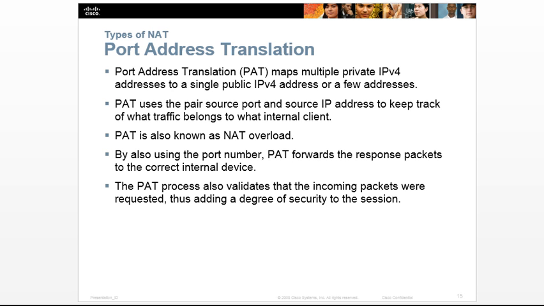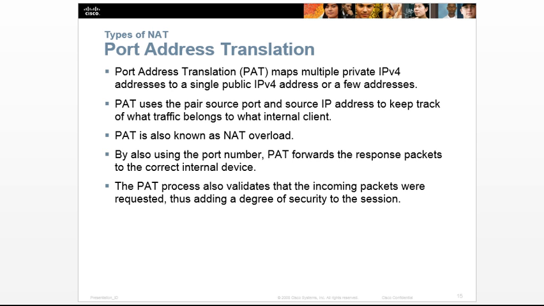Port address translation, or PAT, maps multiple private IPv4 addresses to a single public IPv4 address or just a few addresses. PAT uses the pair of source port and source IP to keep track of what is going on. PAT is also sometimes called NAT overload. And I'll tell you, to be honest, it's important you understand the difference in these.